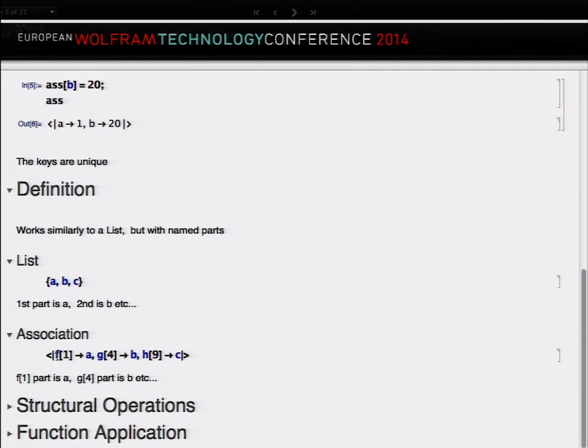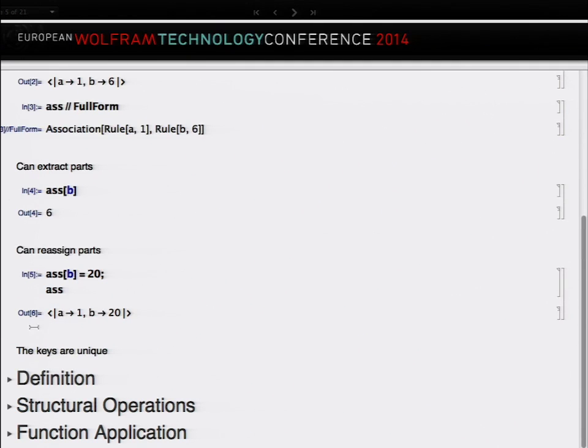Here the name is actually a compound thing. So I'd say the F brackets 1 part is A, and the G brackets 4 part is B. So that's a little bit like the way that it works. And if you want to make a mental map of how this behaves in the system, thinking of it as a list that has symbolic names for the parts is a good way of doing it.